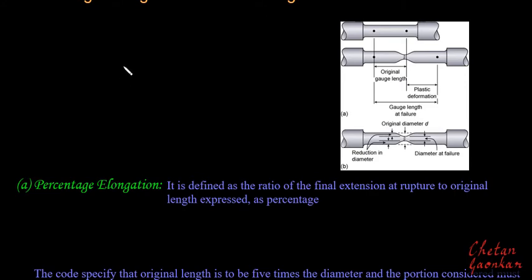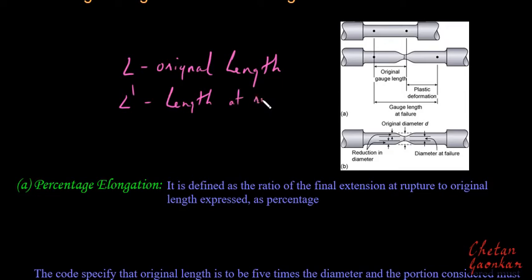So suppose L is this original length, and L dash is the length at rupture or at failure. So the length from here to here is the length at failure or at rupture.